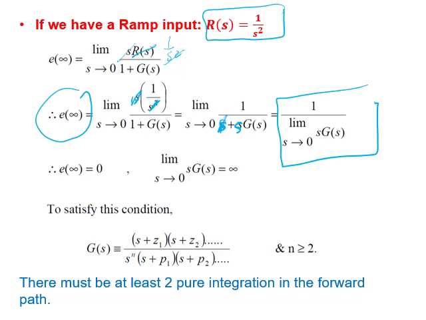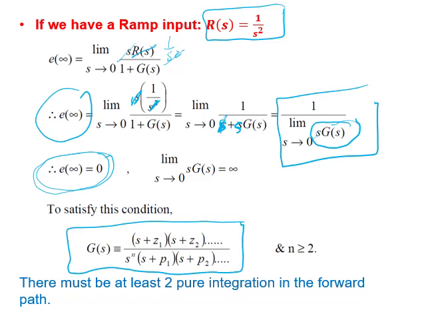That's good. So when am I going to get the error equal to 0? How to get the error equal to 0? It's going to be when the denominator here is equal to infinity. Notice that the denominator there is s. Now how to make it equal to infinity? Because GS by itself has a numerator and denominator. This is GS.